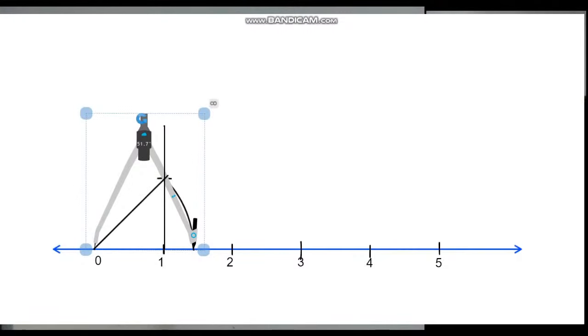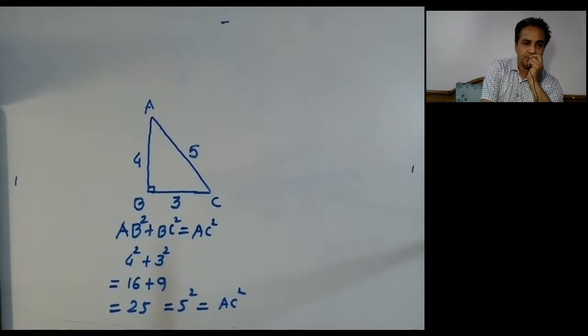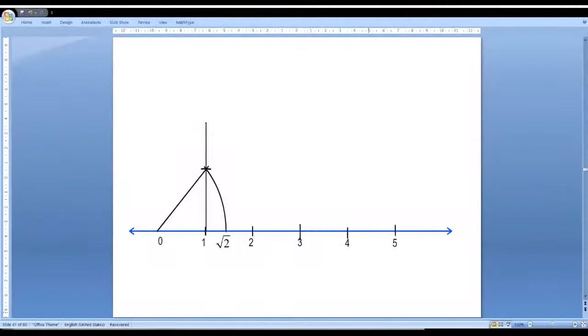So that means this point is root 2. So this is root 2. I think you all have understood very well. If you have any problem, then you can ask me at any time.